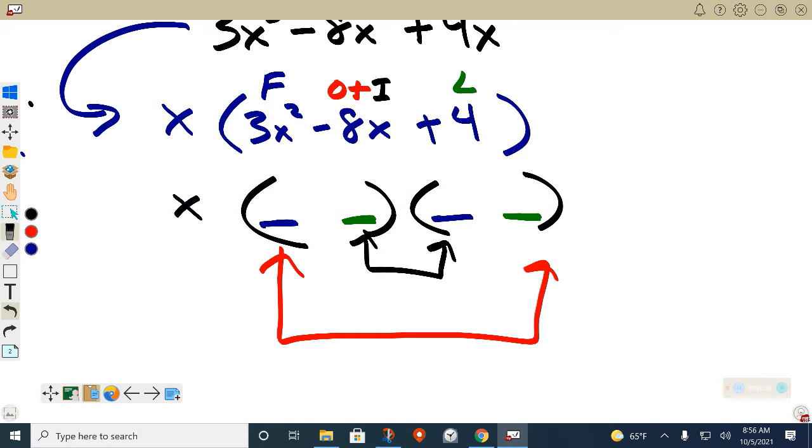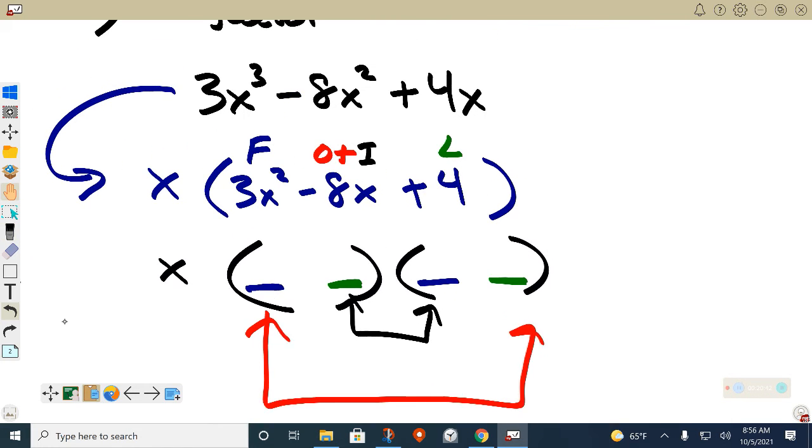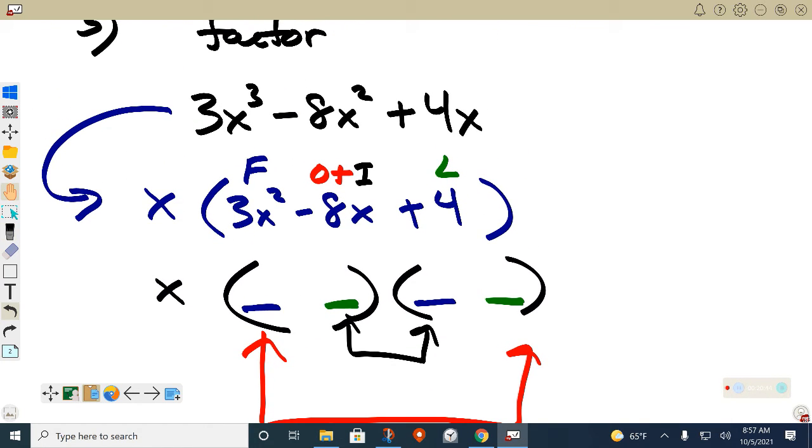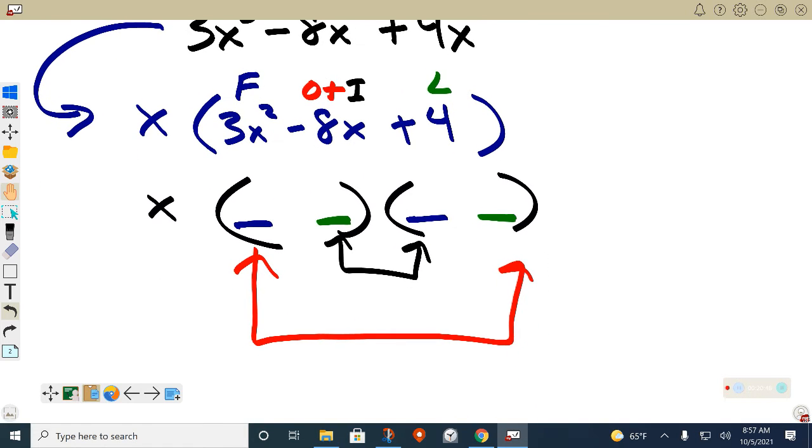So this is a little bit different. The curveball that I threw at you is just, hey, if you can take out a GCF, do it. We're able to take out an x. And that stays there. Just keep that to the side for now. We're just focusing now on the trinomial that resulted. All right, life is easy. 3x squared, that's a no-brainer. That's just going to be a 3x and an x.